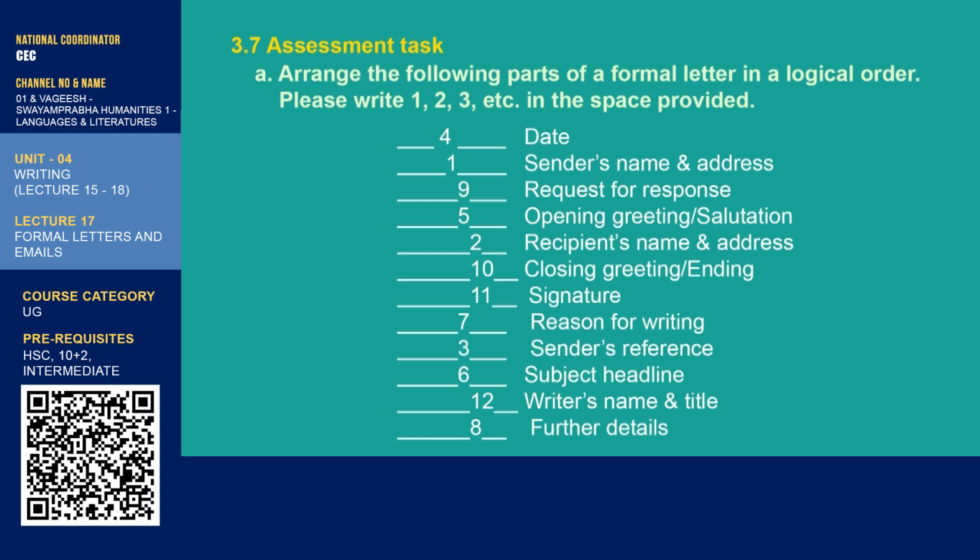Recipient's name and address number 2. Closing greeting or ending number 10. Signature is 11. Reason for writing 7. Sender's reference 3. Subject headline 6. Writer's name and title 12. Further details 8.